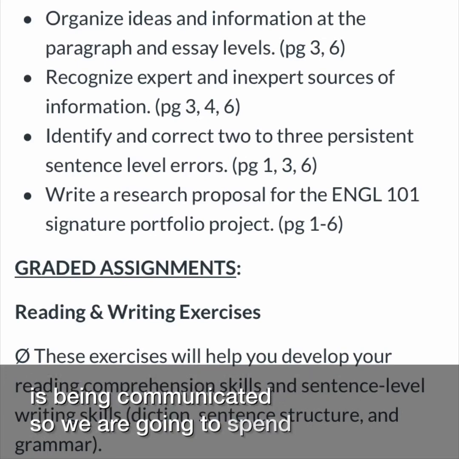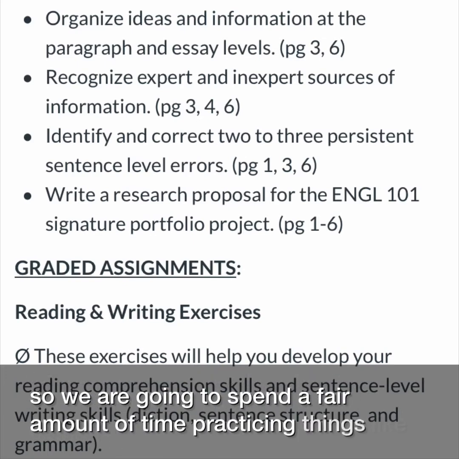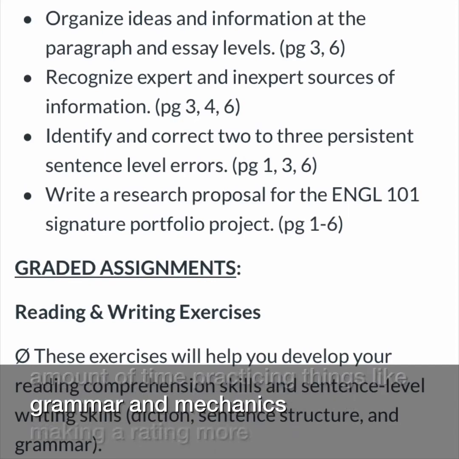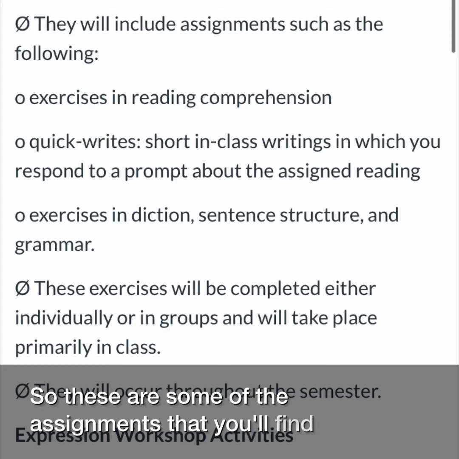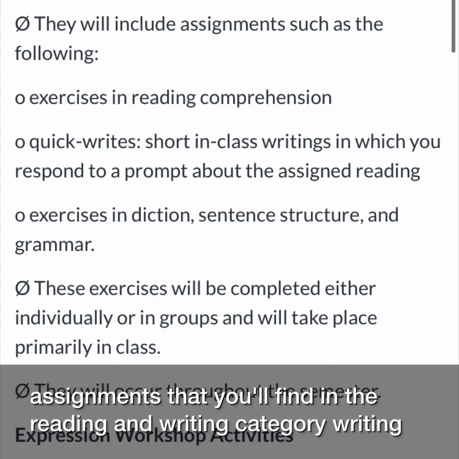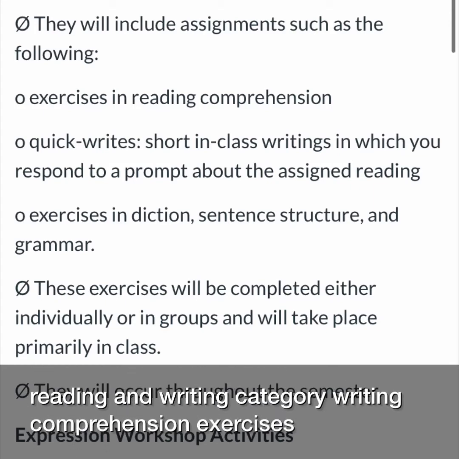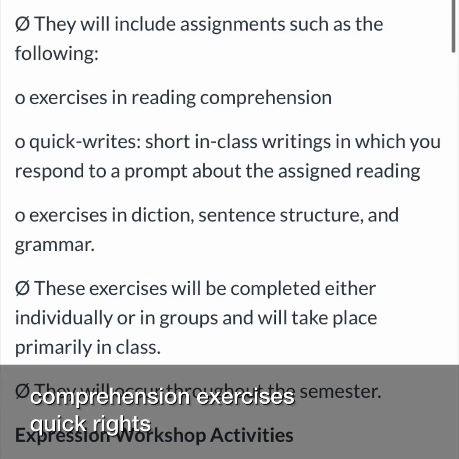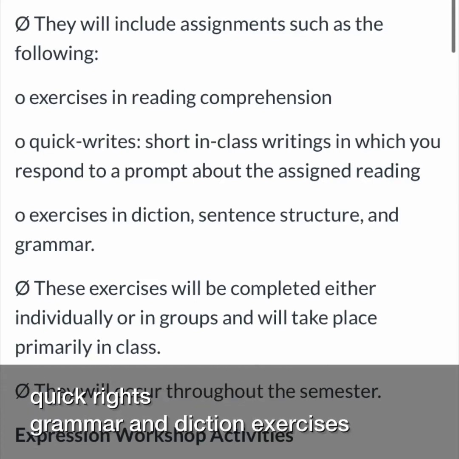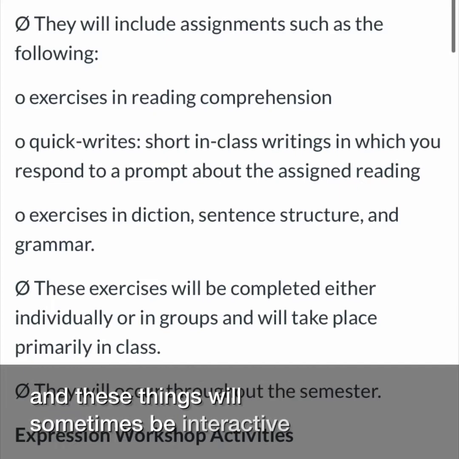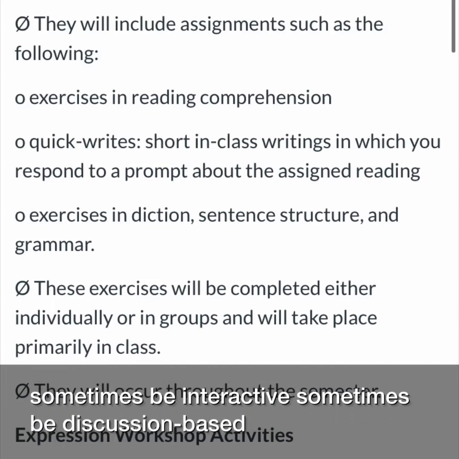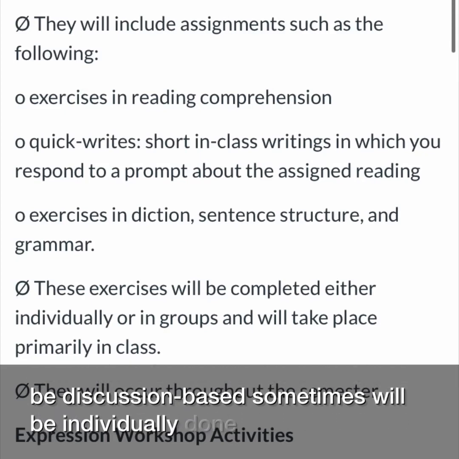So we are going to spend a fair amount of time practicing things like grammar and mechanics, making our writing more efficient. These are some of the assignments you'll find in this category: reading comprehension exercises, quick writes, grammar and diction exercises. These things will sometimes be interactive, sometimes discussion-based, sometimes individually done.